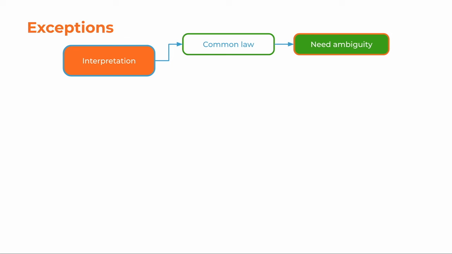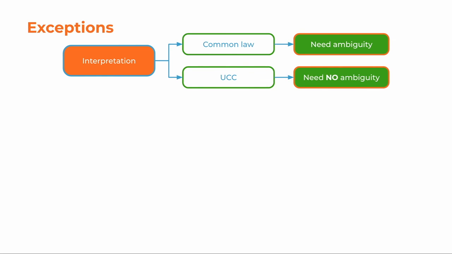The common law insists that you need an ambiguity in order to say, my purpose in putting this evidence in is to interpret. If there's nothing that needs interpreting or explaining, then that can't be why you're putting it in. The UCC takes a much more liberal approach, meaning that you don't need an ambiguity as long as it's true that you're putting it in for the purpose of interpretation.